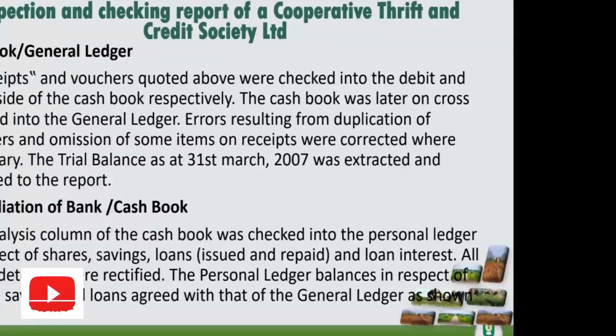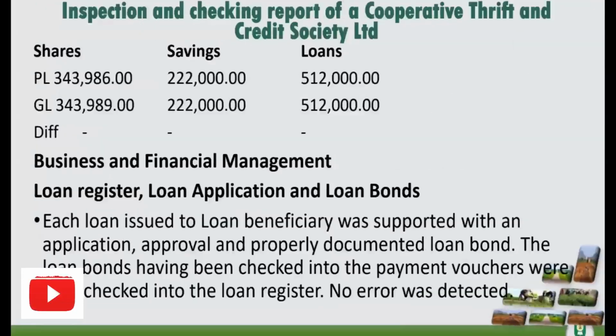Now, concerning shares, how do you present that? You say shares, savings, loan. You put it in a tabular form: shares 343,986,000, savings 222,000, loan 512,000. And you keep going and keep going.